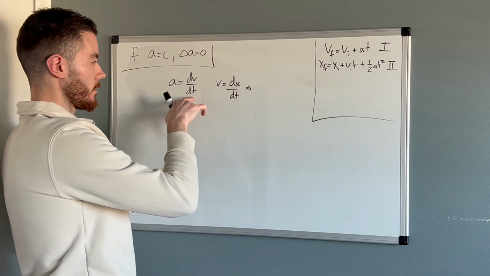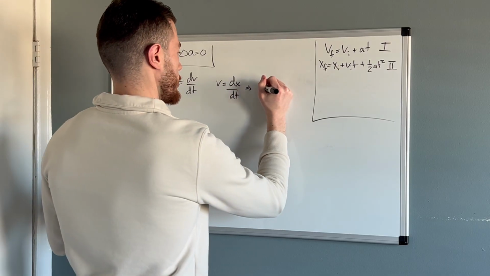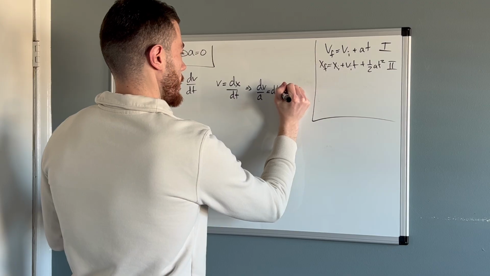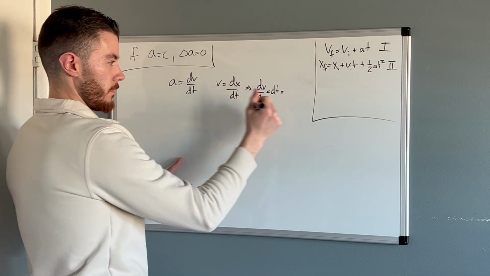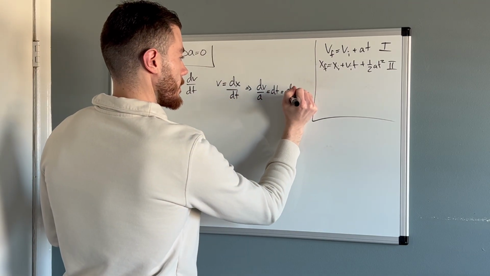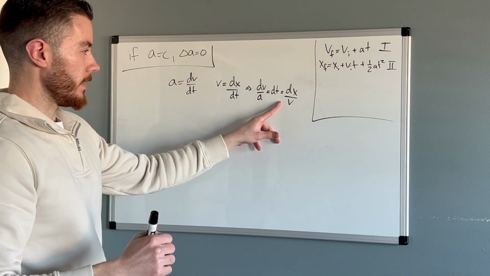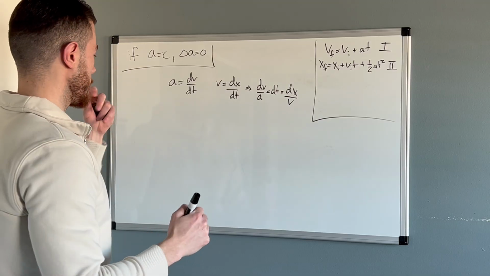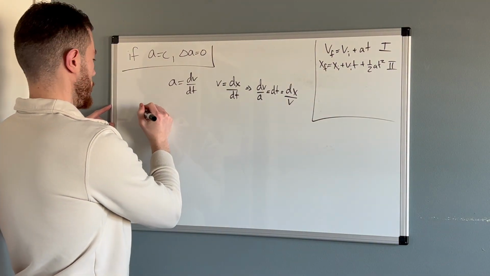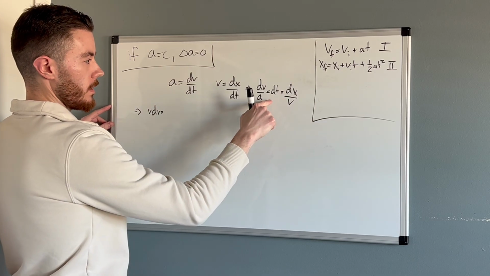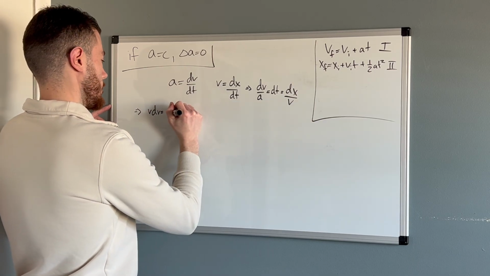So dt is clearly dv over a. dv over a equals dt, and dt is also equal to dx over v. Let's get all the v things on one side. v dv is equal to a dx, clearly.